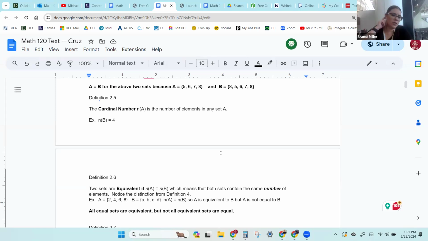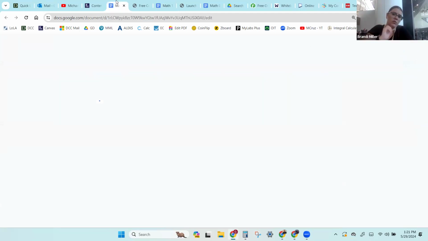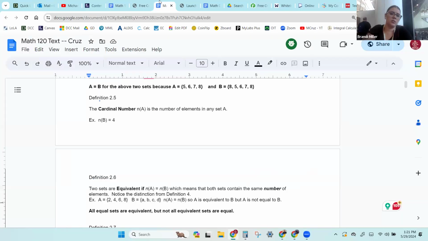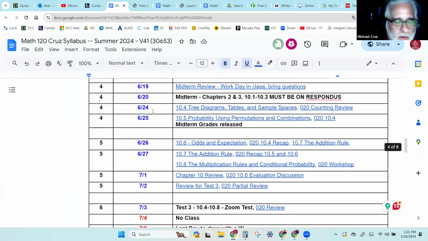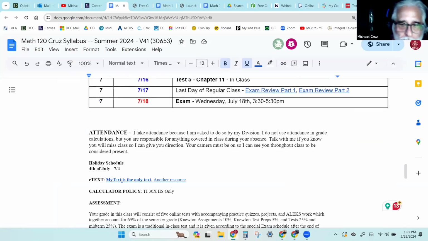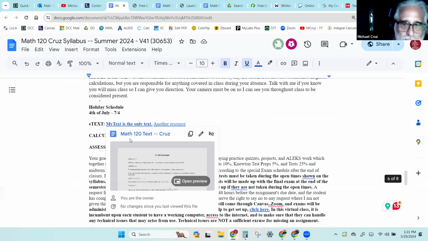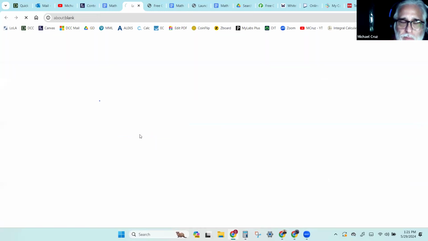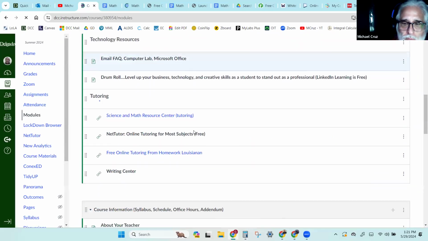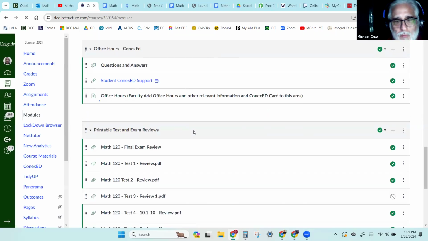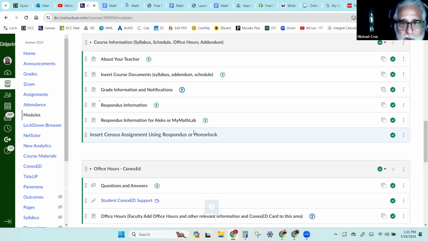Where can I access this information that we were just reading? There's a couple different ways to get it, but if you go down on the addendum, see that? Right there. You just click on it and it'll open it up. It's also probably over here, or I will put it over here.